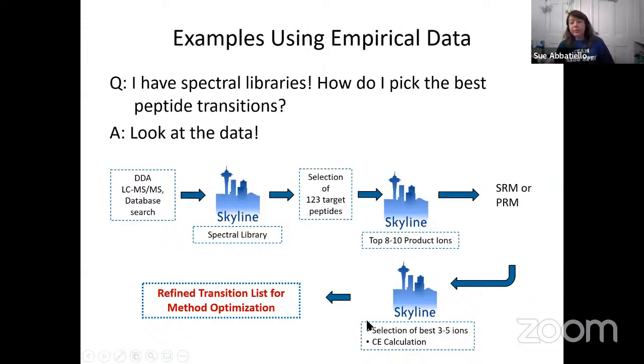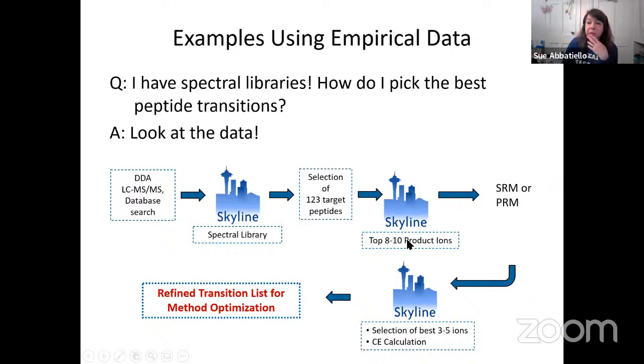Here is where we can go into some examples of how to use Skyline: data dependent acquisition, running a database search, identifying peptides and then generating that spectral library in Skyline. This is what we did with the plasma data set that you should be able to download. From here, we can select a certain number of targets based on what we want to track in a number of samples and go through and refine this process.